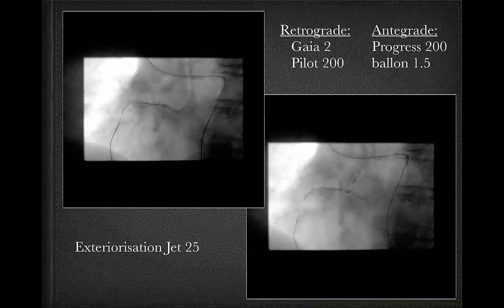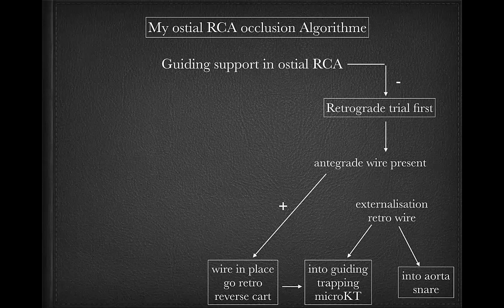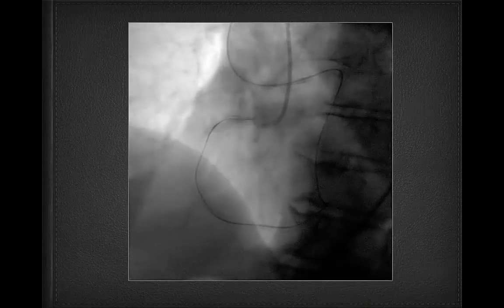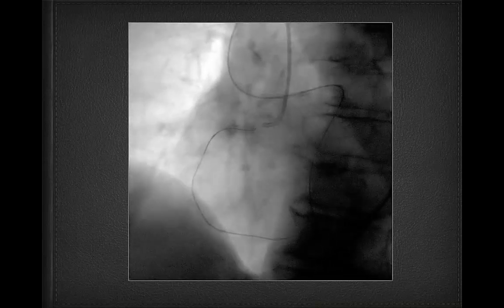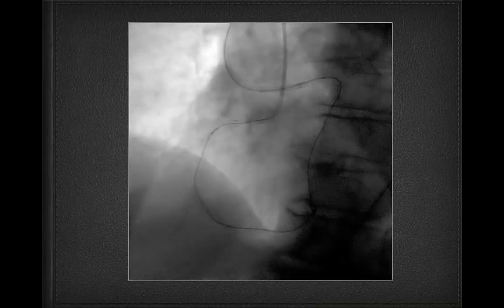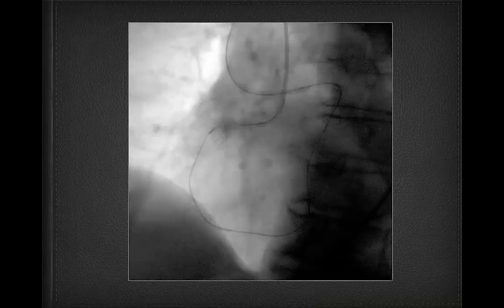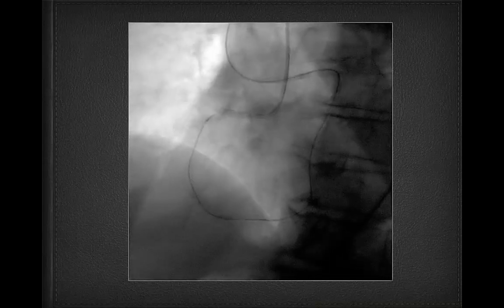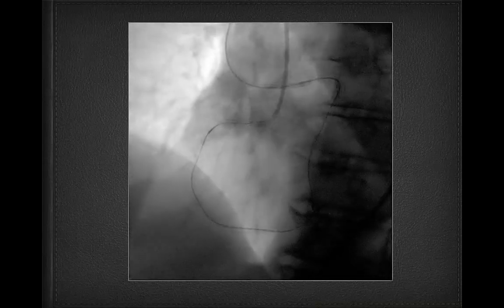So here the point is I tried to get inside the guiding catheter and not using a snare. So just moving your guiding catheter and try to put in front of your wire.